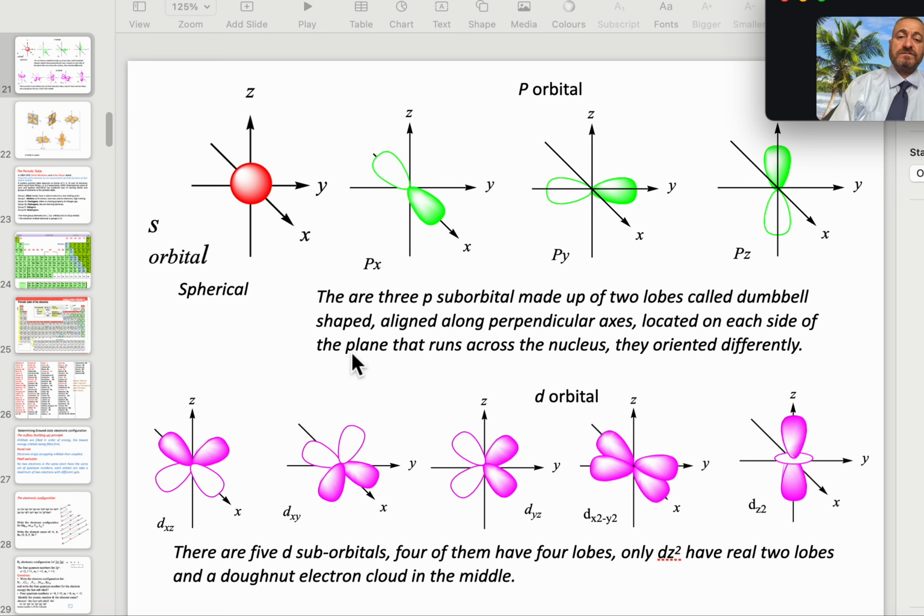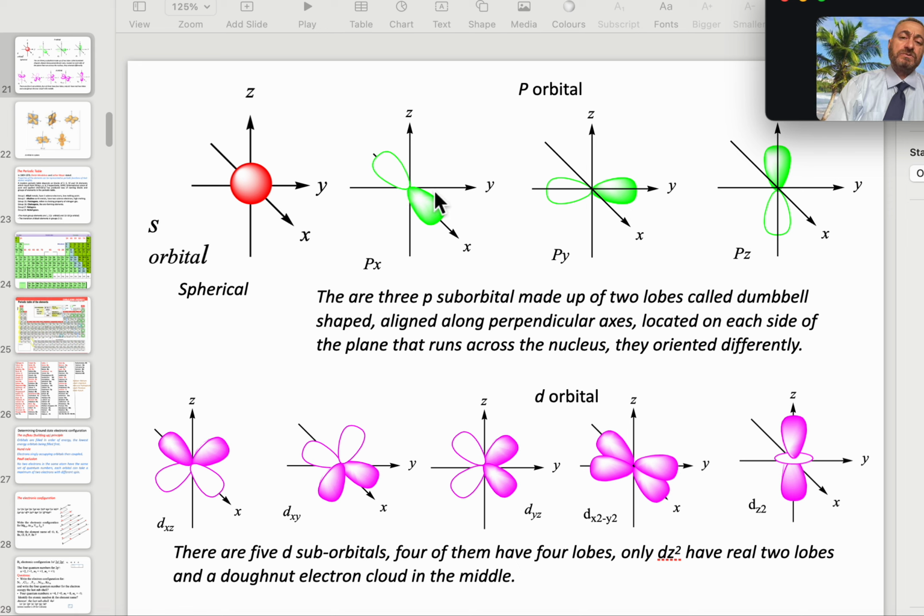Located on each side of the plane that runs across the nucleus. They are oriented differently. So the orientation, the motion of the orbital itself. So we have a motion for electrons and we have a motion of the orbital itself.